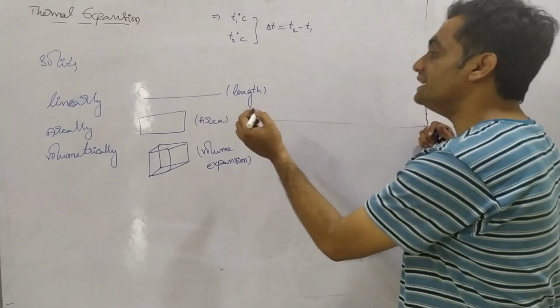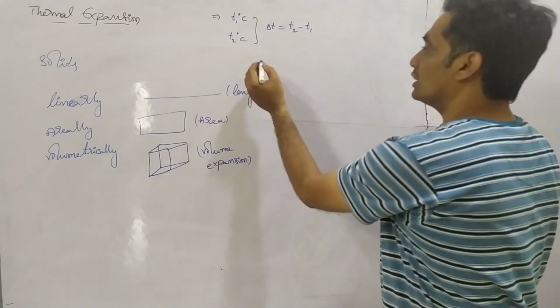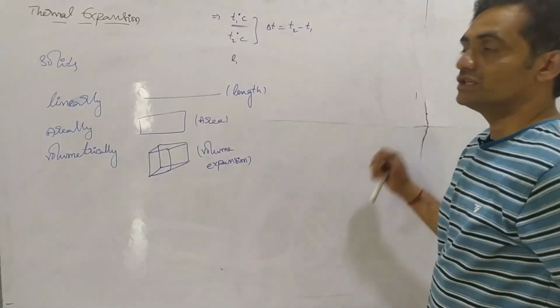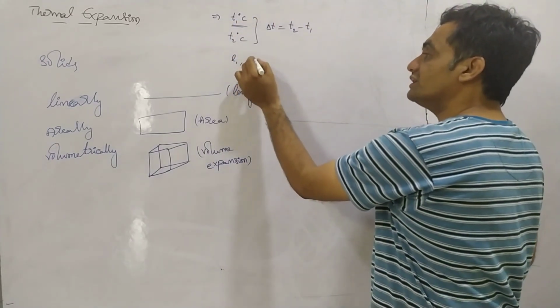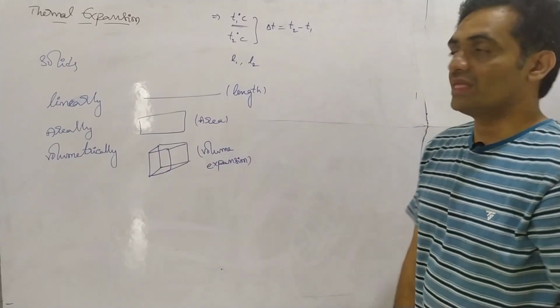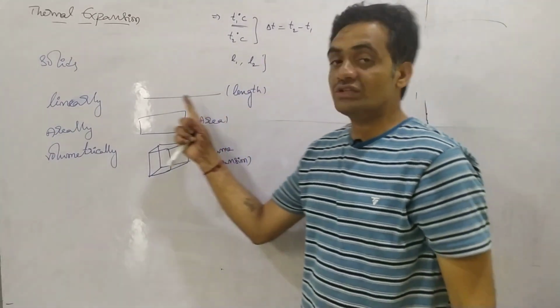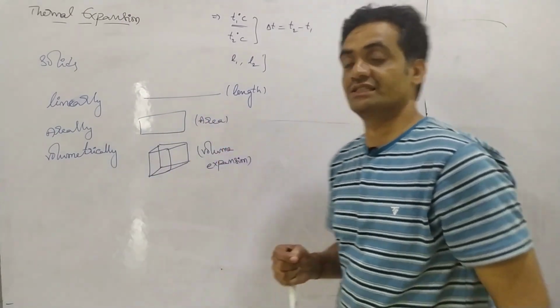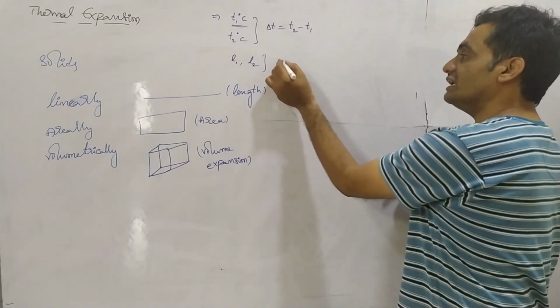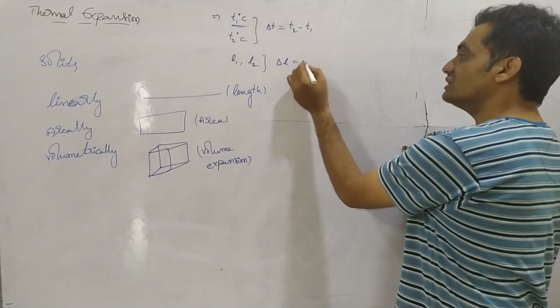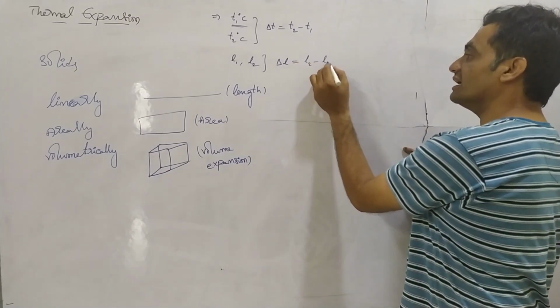Let us consider the initial length of this rod is L1 at T1 degree Celsius and L2 at T2 degree Celsius. Due to the increase in temperature, the length of the rod increases. Then the change in the length is represented as delta L, where delta L is equal to L2 minus L1.